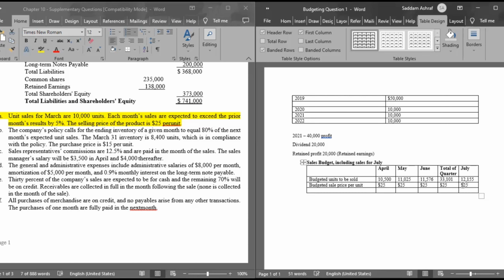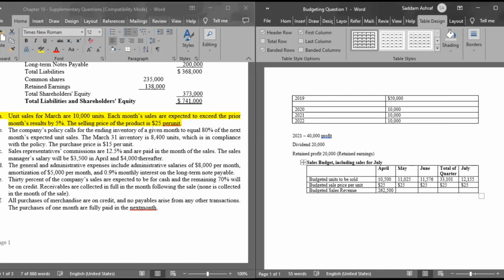Now we will calculate budgeted sales revenue. So you just need to multiply 10,500 into 25, which is 262,500.